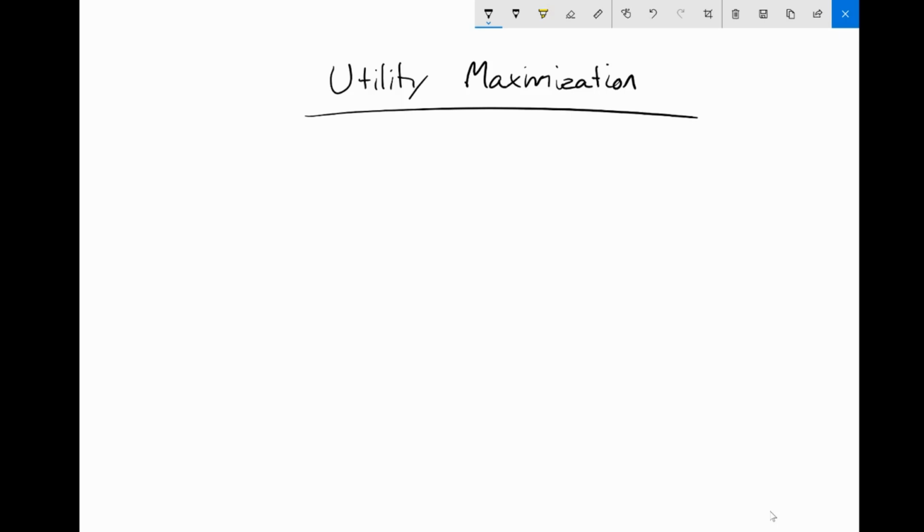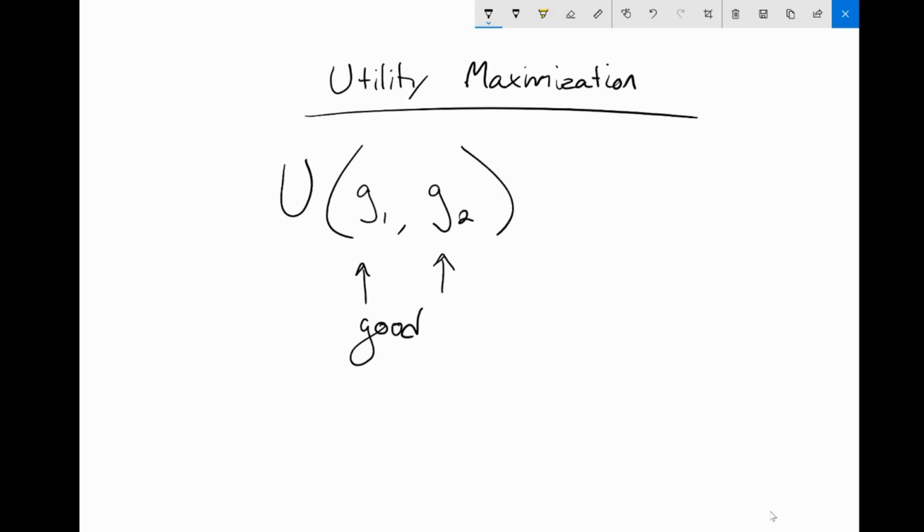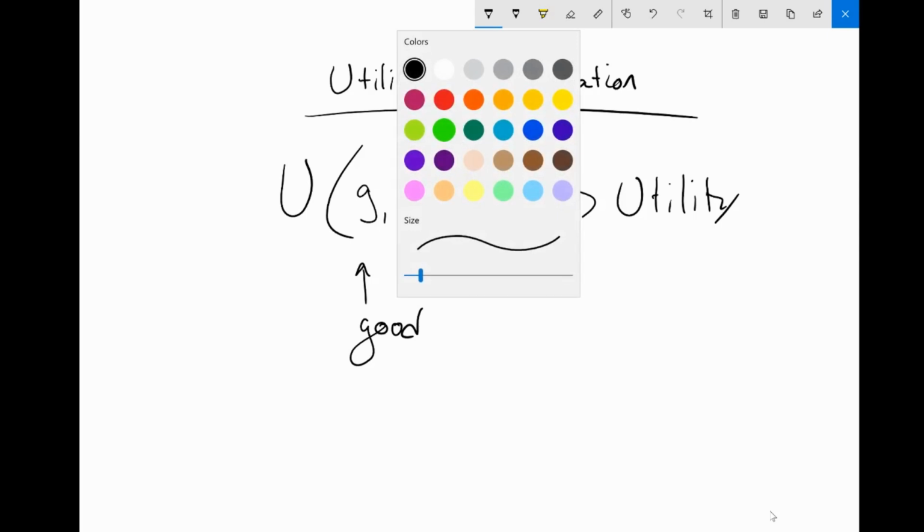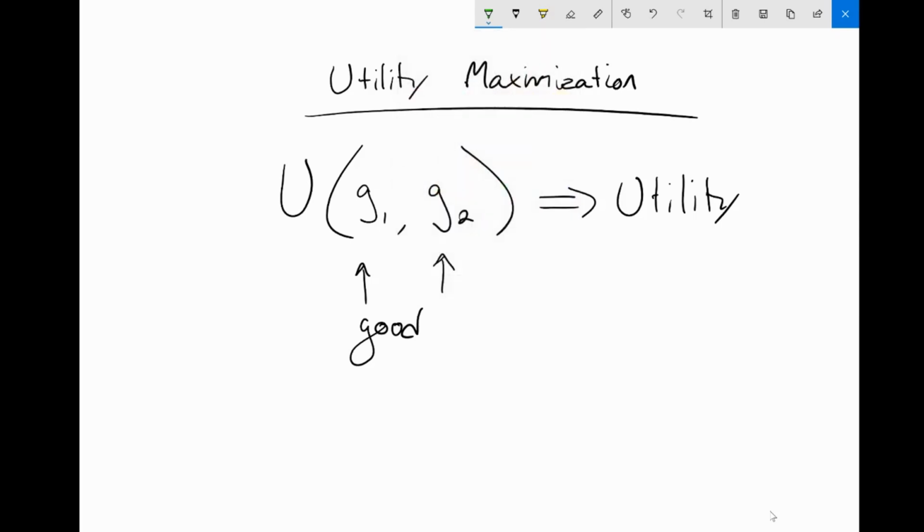Okay, what we're going to start with, we're going to look at a utility function. A utility function that takes goods as inputs, and it gives us utility as an output. This utility function captures the preferences of rational agents. Okay, we talked about some of the characteristics.